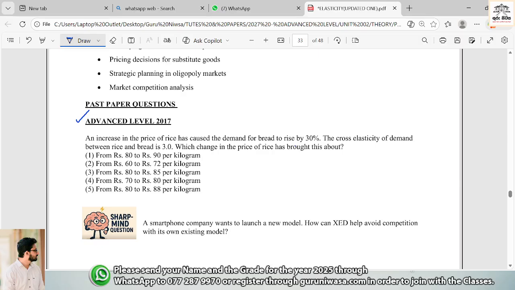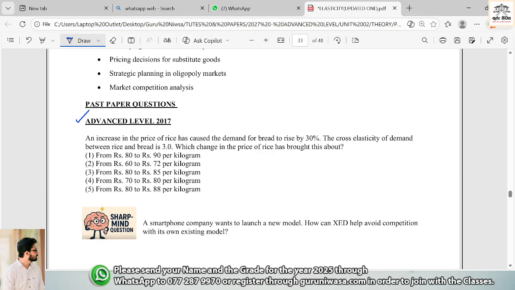Can you tell me which equation should be used here? Actually, now we have learned three equations: number one, percentage change, the original one, and point and arc. Finally, which one should be used? Which one is better? What is the most appropriate equation here? Arc elasticity? Can you see that you have been given the 30% percentage change in demand of one product?